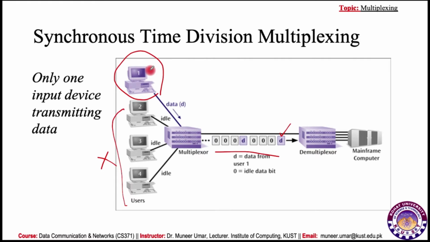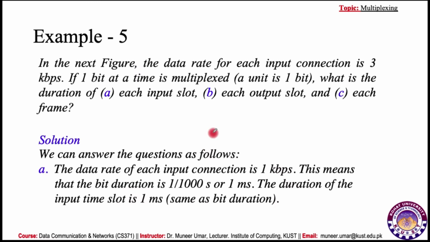Number one sends data, and the rest of the time slots are empty because these three devices are idle, they are not sending any sort of data. So only one input device is transmitting data, and rest of the time slots are sending zeros as idle data bits.